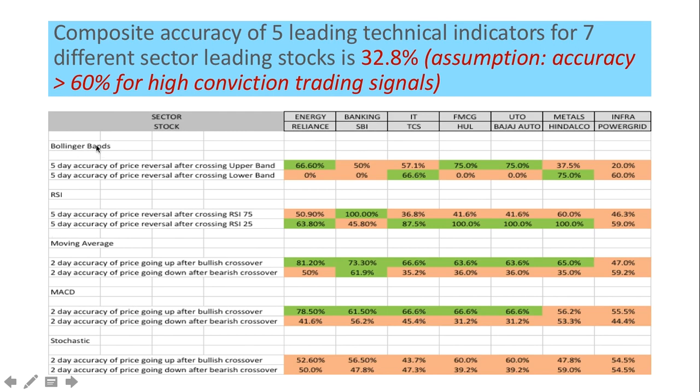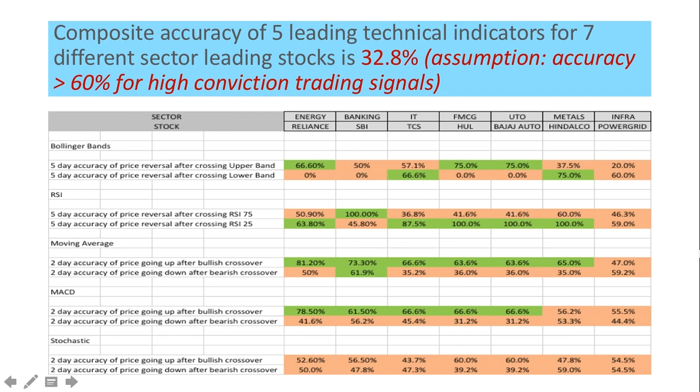These two are mean reverting indicators, and we are taking 5-day accuracy because whenever any asset is mean reverting, we give it some time to stabilize after reaching a high or a low before it starts reversing the price. So we are being conservative and taking the accuracy over the next 5 days after it reaches a particular threshold. But the next three, that is moving average, MACD, and stochastic, they are momentum indicators.